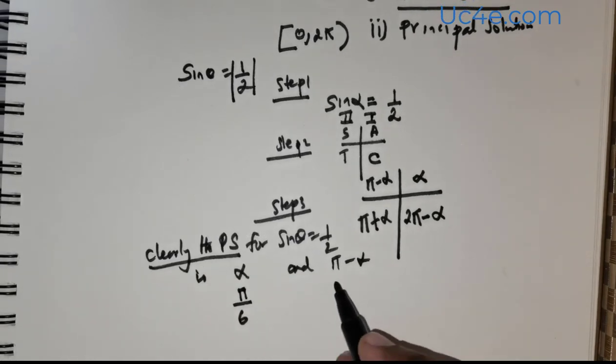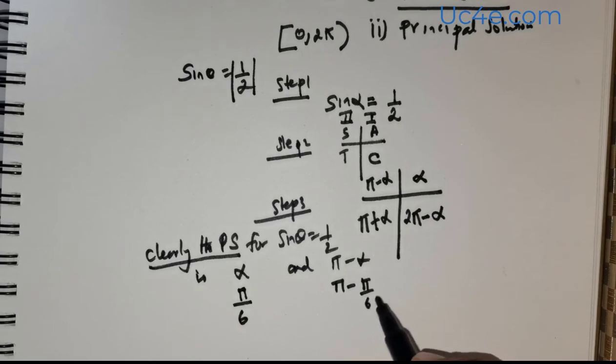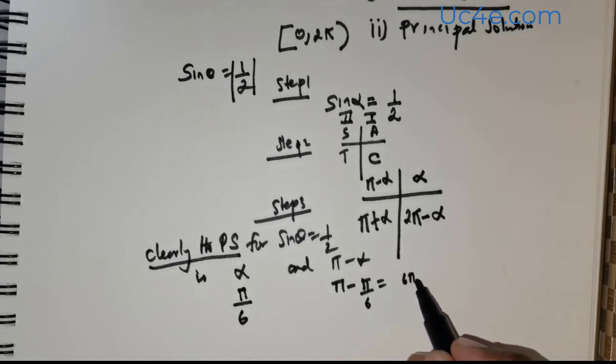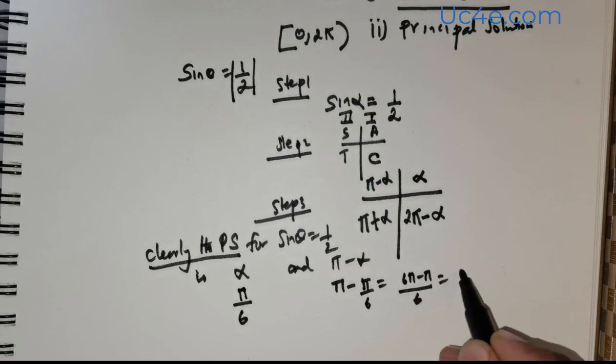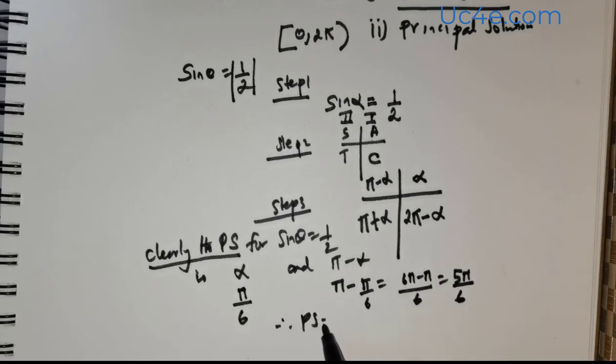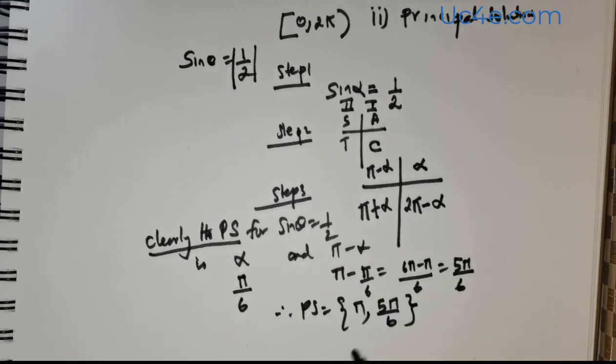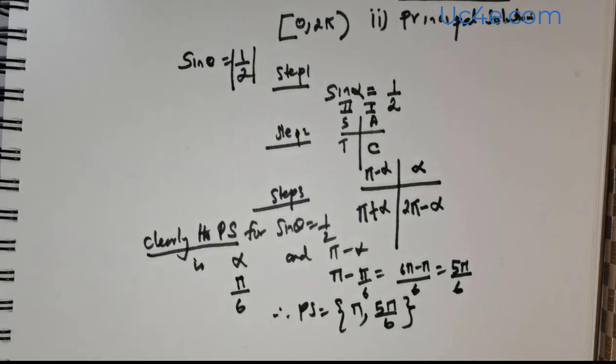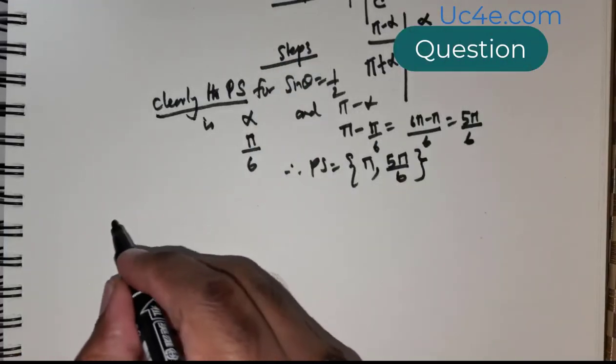So this is going to be pi over 6, and in this case it's going to be pi minus pi over 6, which is equal to 6 pi minus pi over 6, which is 5 pi over 6. So therefore the principal solutions are pi over 6, 5 pi over 6. So I have extracted the value of theta even without the use of graphs. Let's do another question, students.